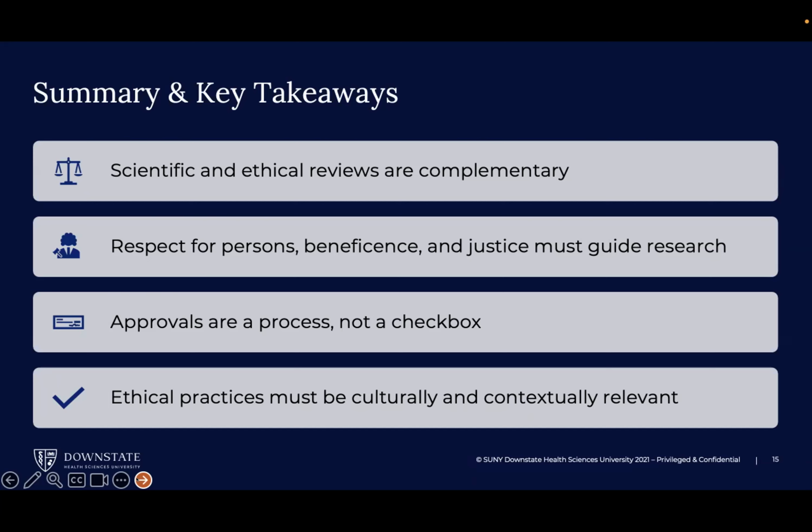Respect for persons, beneficence, and justice must guide research. From the get-go, in thinking about the research we're doing, if it is unethical, if we're asking too much, if we're putting people in harm's way, should we be doing this research? I think not. Okay? Approvals are a process and not a checkbox.